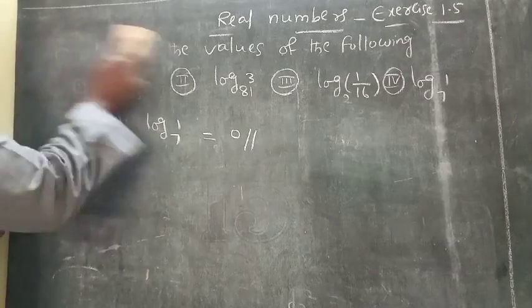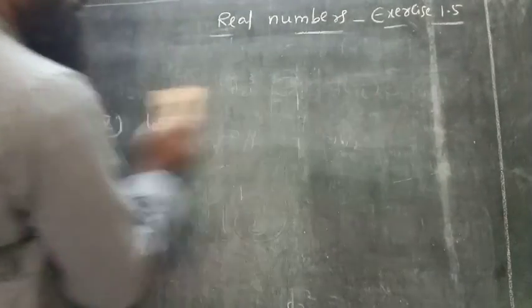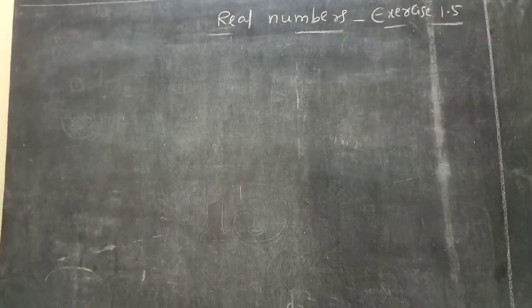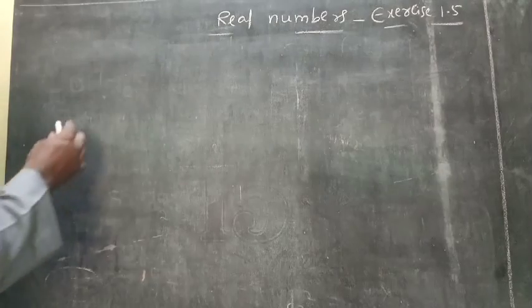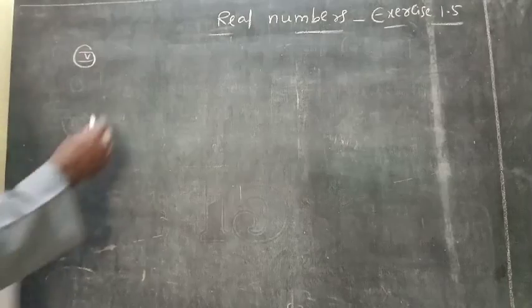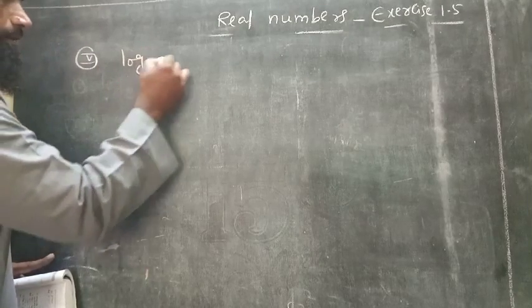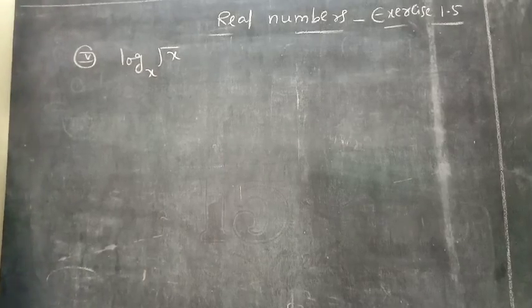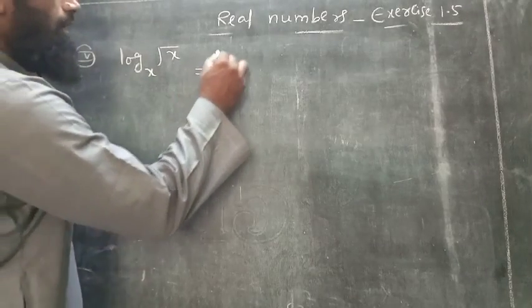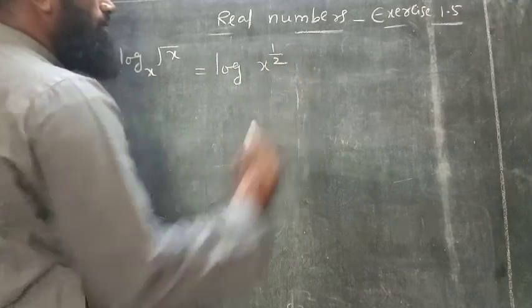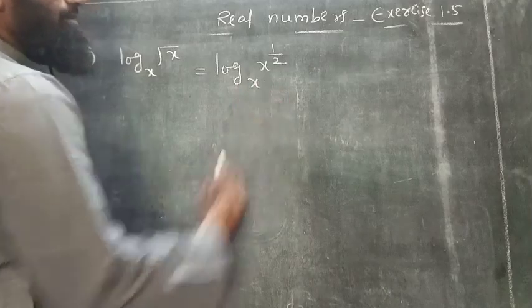Next, the fifth one: log root x base x. So here, log root x is nothing but x power 1 by 2, base x.